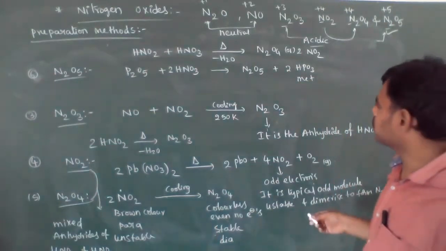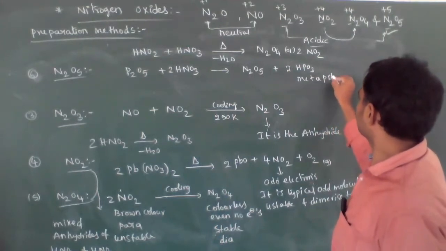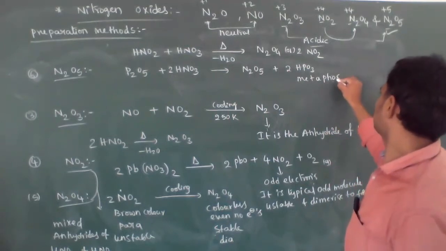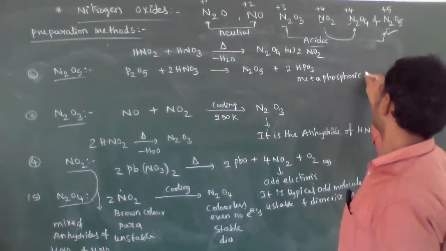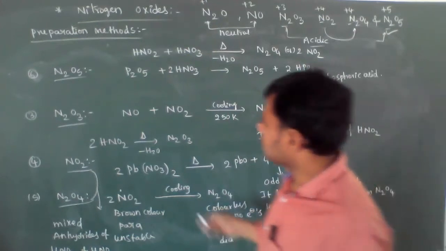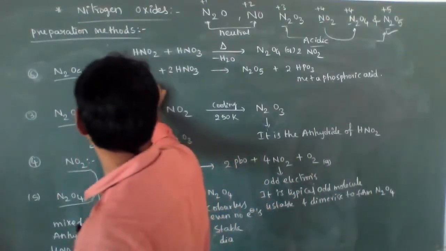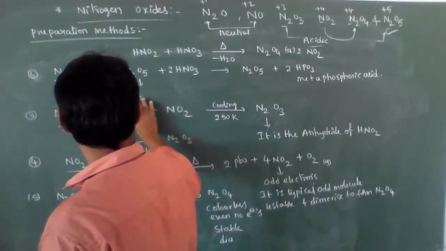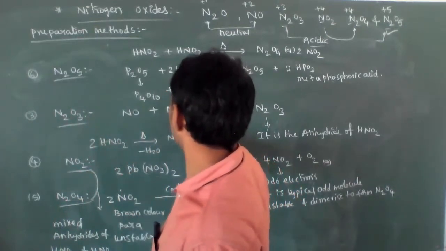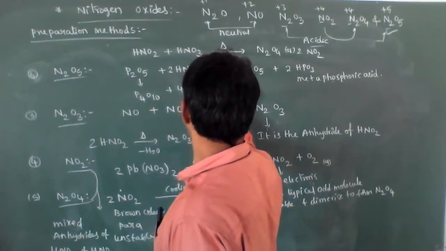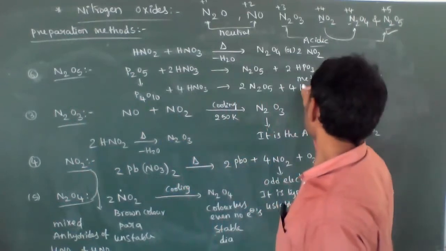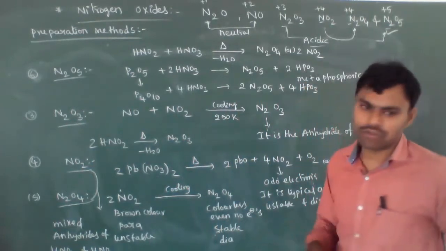HPO3 is named metaphosphoric acid. See here, phosphorus pentoxide generally exists in dimeric form, P4O10. If you take P4O10, it reacts with 4 moles of HNO3 to form 2 moles of N2O5 plus 4 moles of HPO3.